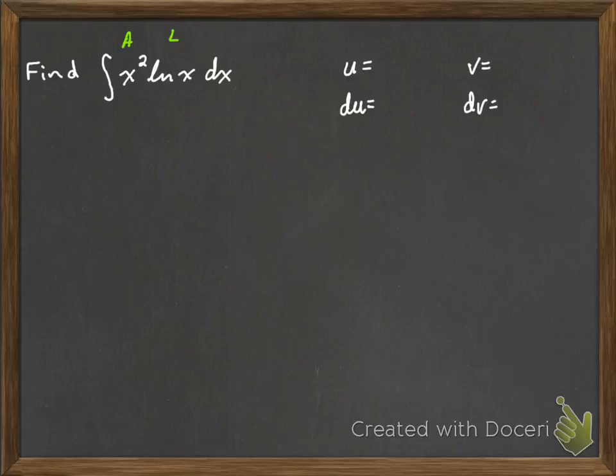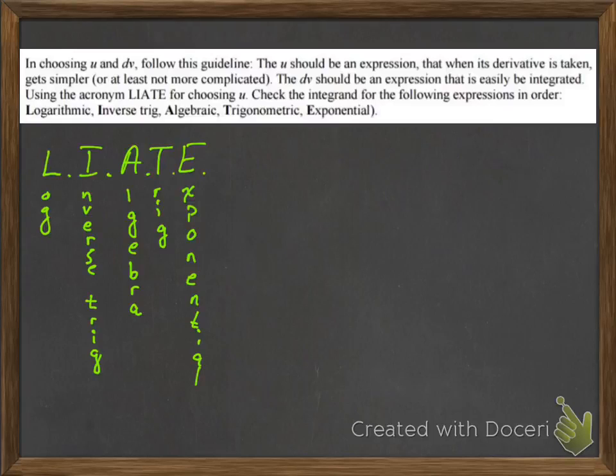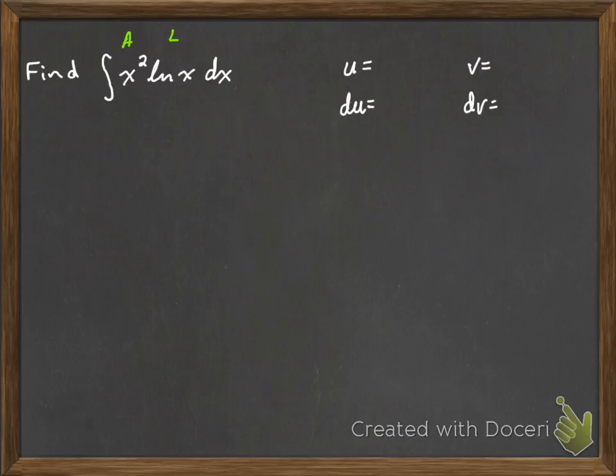According to the hierarchy of LIATE, the logarithm comes first, therefore the logarithm is going to be your u value. So u we will let be ln x, which means dv, or v prime, will be the rest of this, x squared dx.